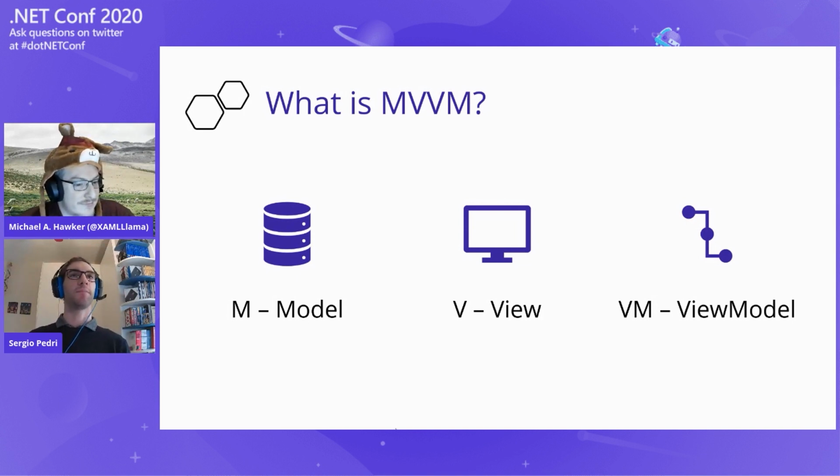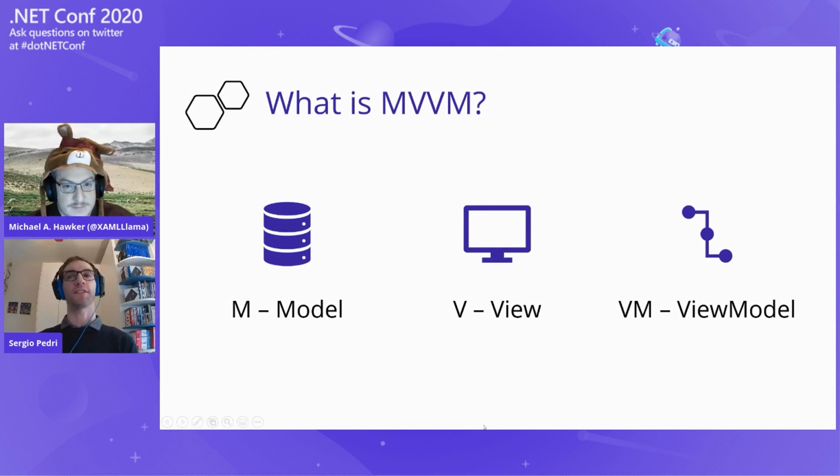The model represents the application domain of an application, and it contains all the various data items that an application needs to work with. The view is the framework-specific layer, and it contains all the various UI elements and controls that the user directly interacts with. And lastly, we have the view model, which is the layer that sits in between these two, and that enables communication between them using commands, bindings, and more.